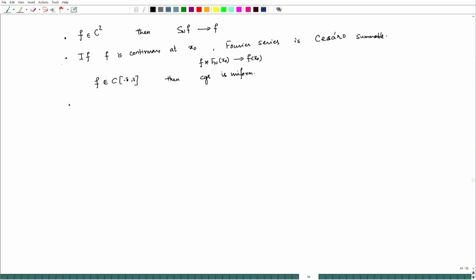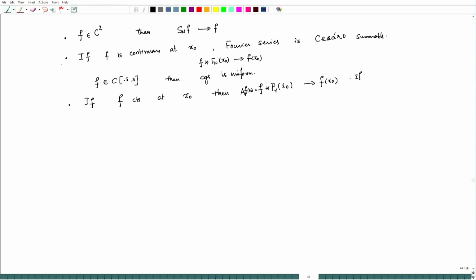Also, what we have seen is that for a continuous function, the Fourier series is Abel summable. So, if f is continuous at x naught, then f convolution of P_r, this is our A_r f at x naught, converges to f of x naught.